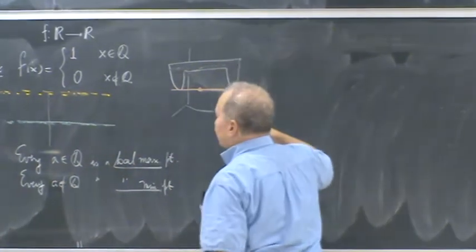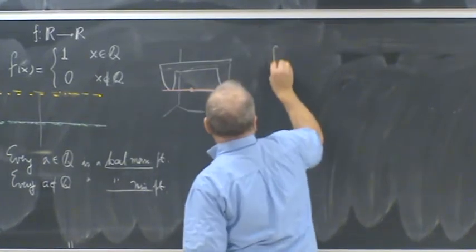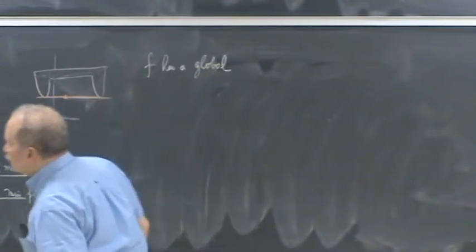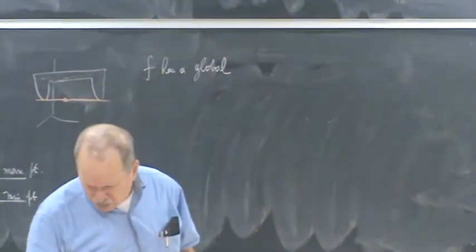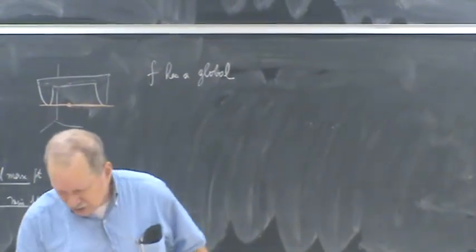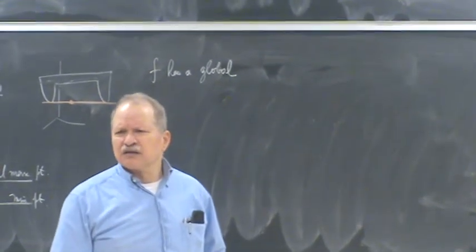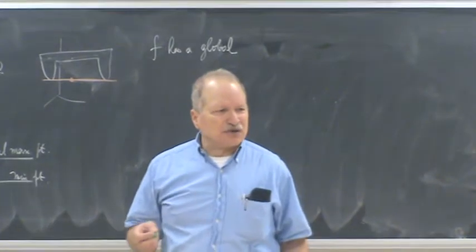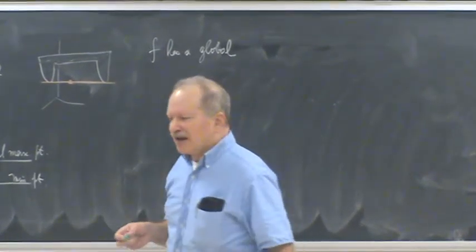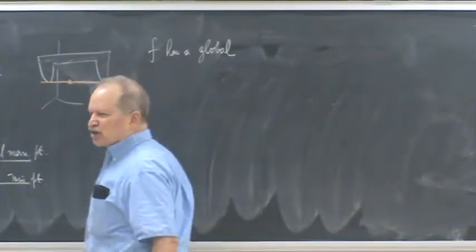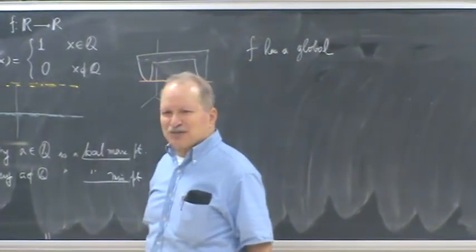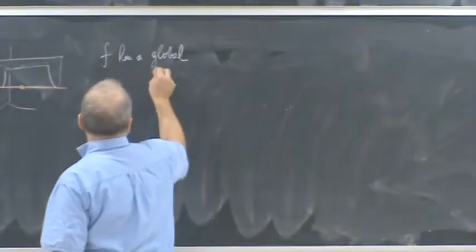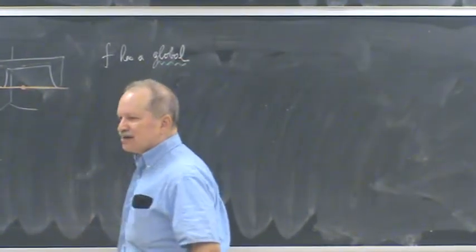So we say f has a global... So you guys, what word did you use for that in your beginning calculus class? Absolute max, absolute min? I don't like absolute just because you start getting confused with absolute value. So I prefer to say global. What does it mean?